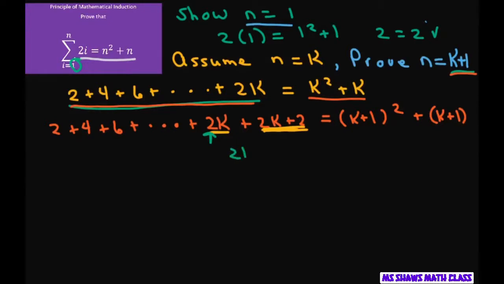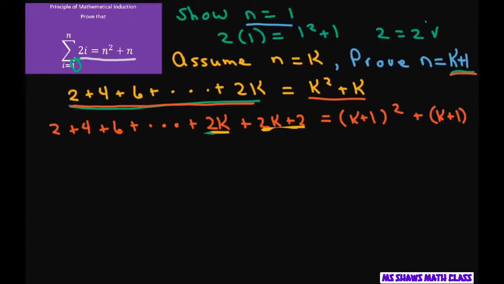So if you have 2k plus 0 and add 2, you would get 2k plus 2. The next one would be 2k plus 4, the next one would be 2k plus 6. So you keep adding this slope to the term because you're going by 2's. But anyway, either way, we do that.